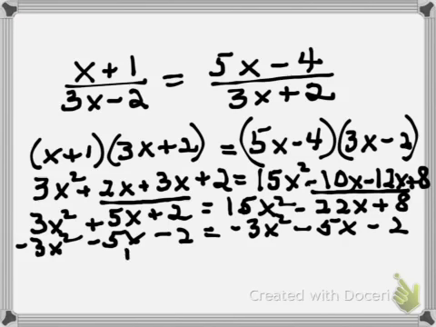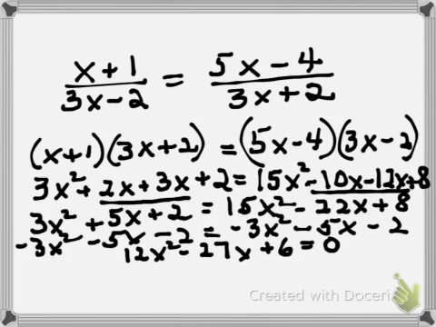So 15x squared minus 3x squared is 12x squared. A minus 22x and a minus 5x is minus 27x. And a positive 8 and a negative 2 is positive 6 equals 0. Now, I can factor out what's common to each one of those terms.